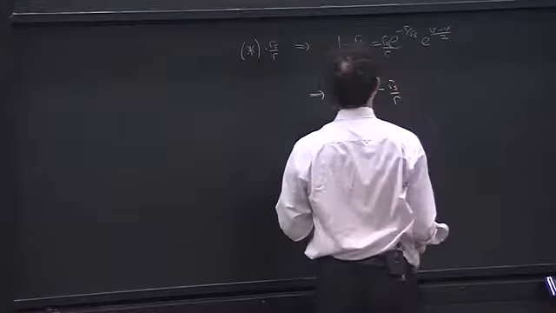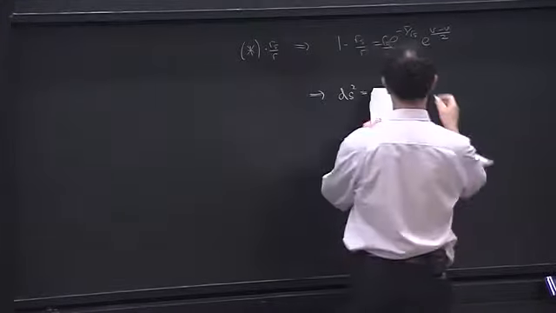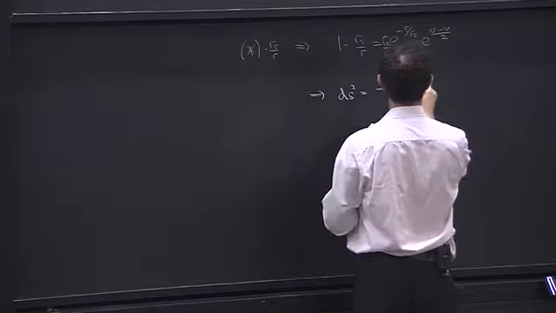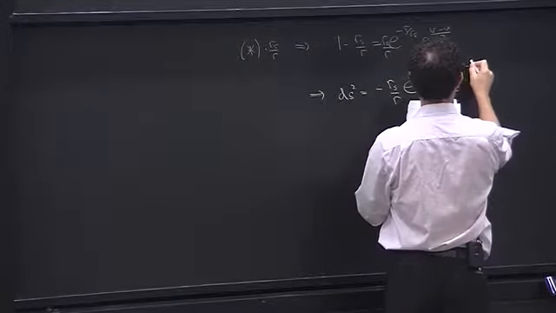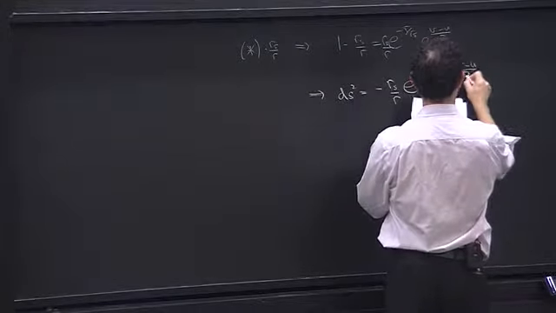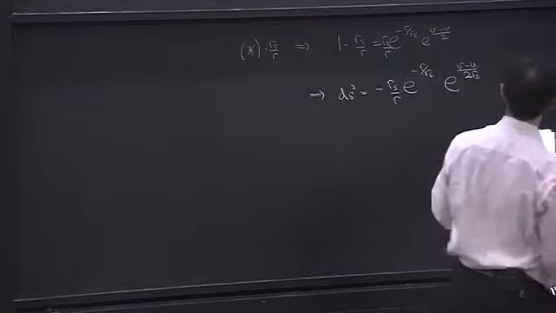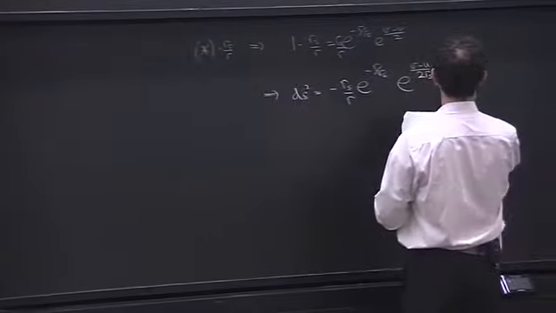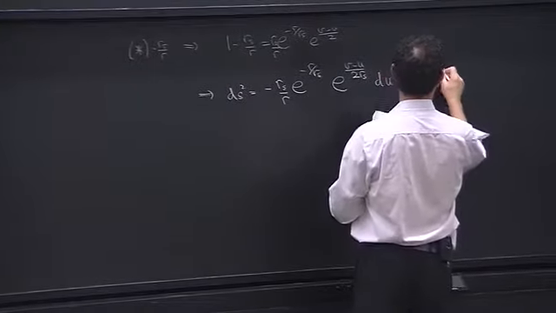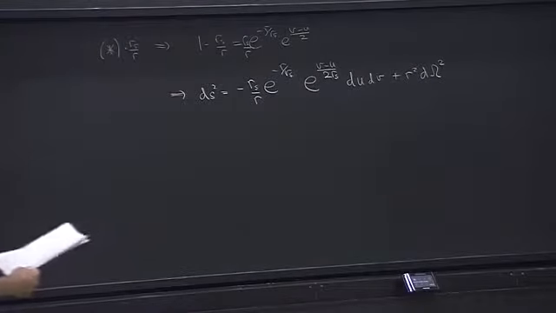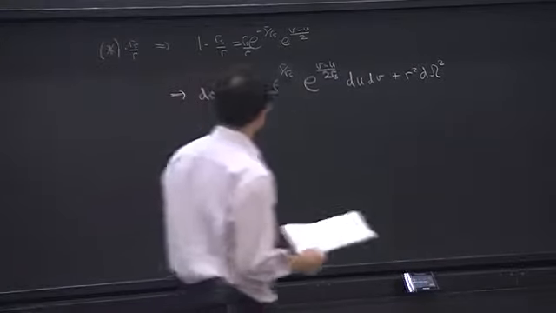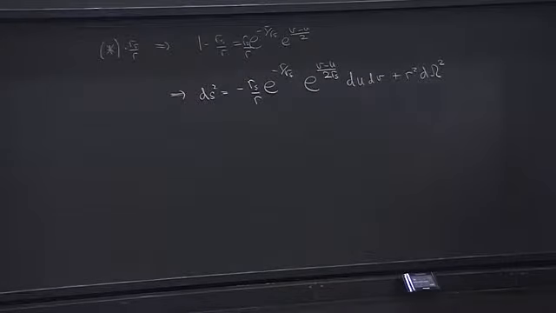Rs over r minus Rs over r times e to the minus r over Rs times e to the v minus u over 2Rs du dv plus r squared d omega squared. Okay, so that factor multiplying the du dv is completely positive now. Okay?